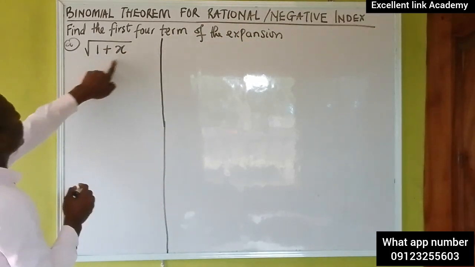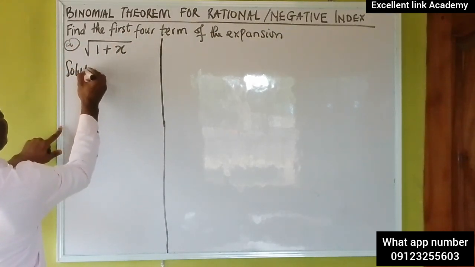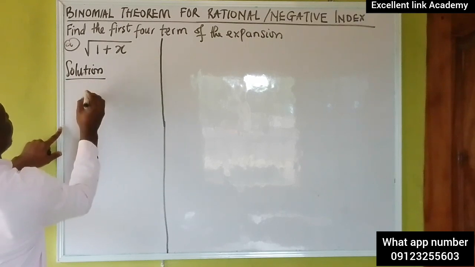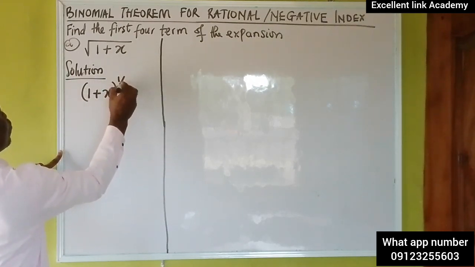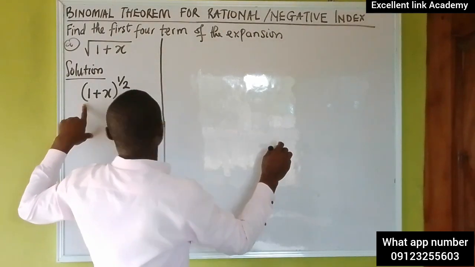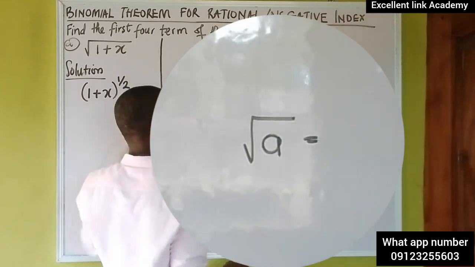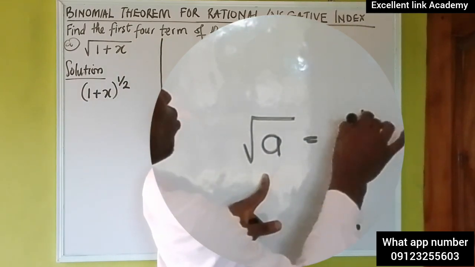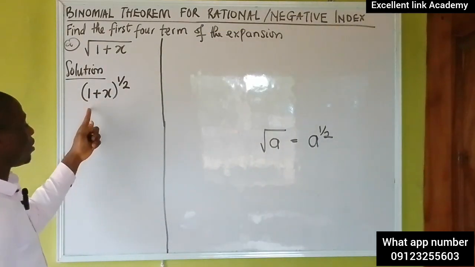If I express this in indices, I'll have 1 plus x to the power of 1 over 2. From the idea of indices, if I have root a, that becomes a to the power 1 over 2. So from this idea, I apply it to this.